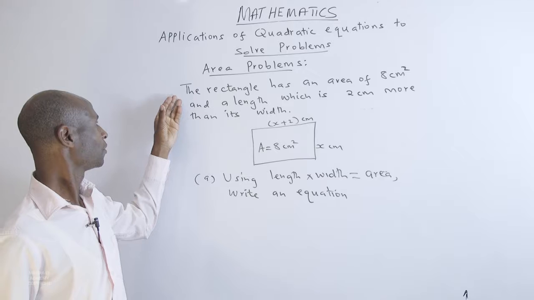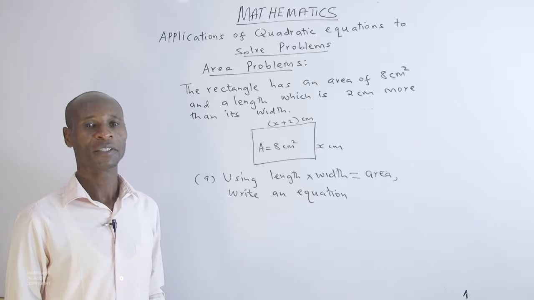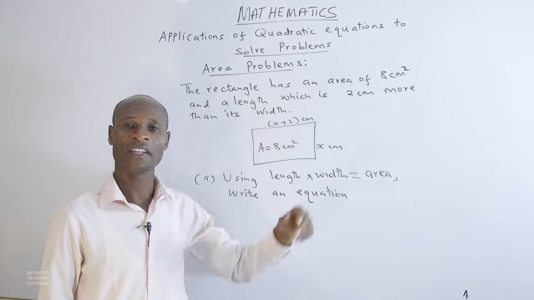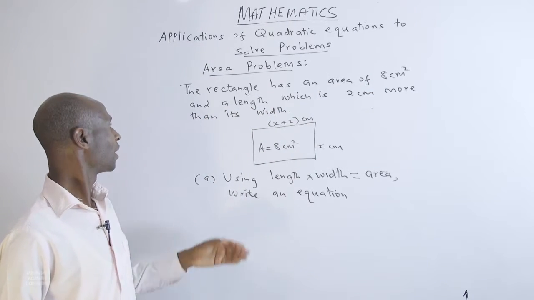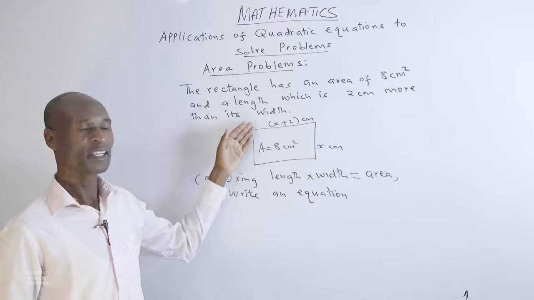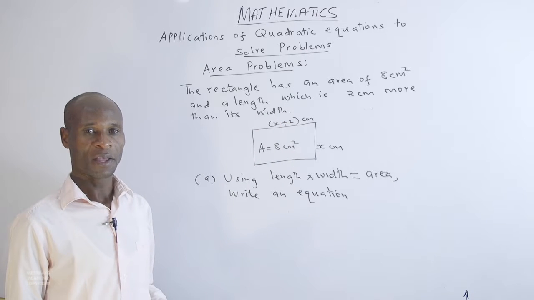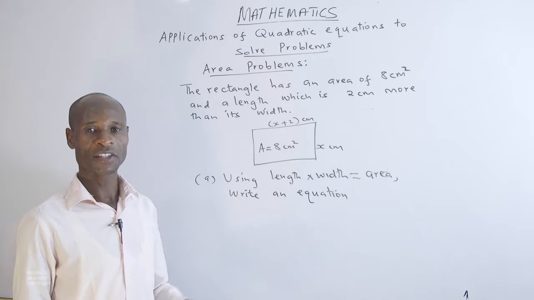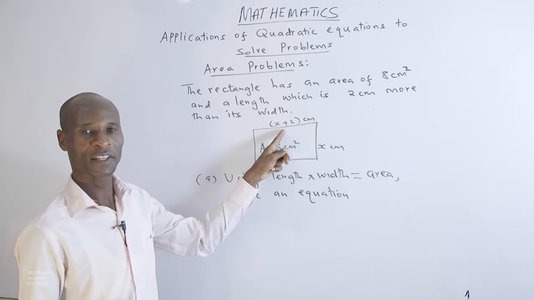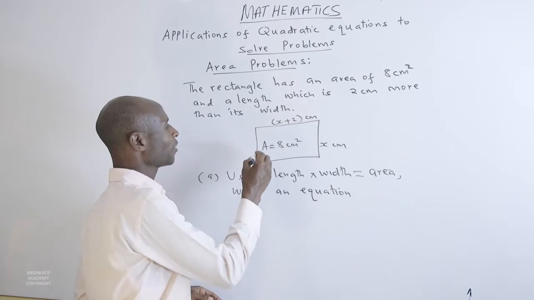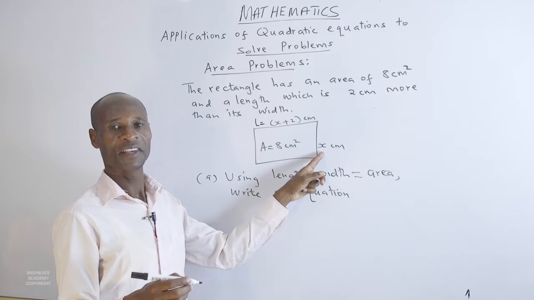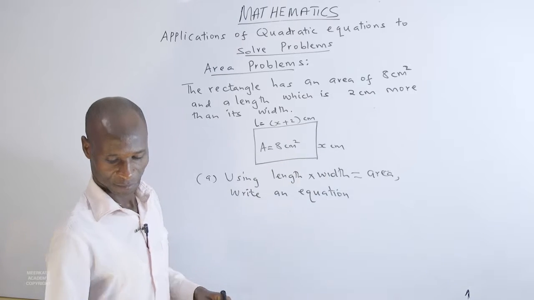An illustration is presented on the board. The rectangle has an area of 8 square centimeters and a length which is 2 centimeters more than its width. The rectangle has been sketched. So the dimension for the length is x plus 2, and the dimension for width is x centimeters.